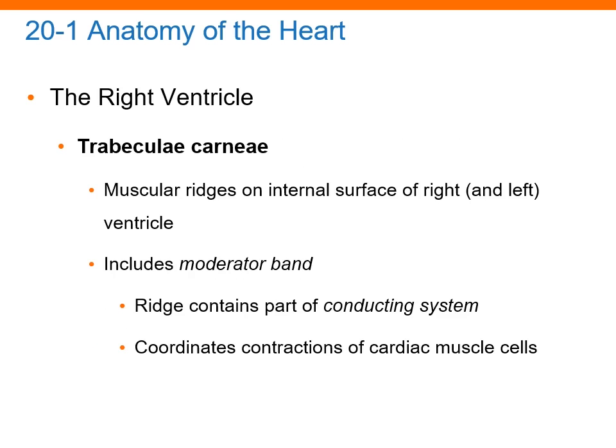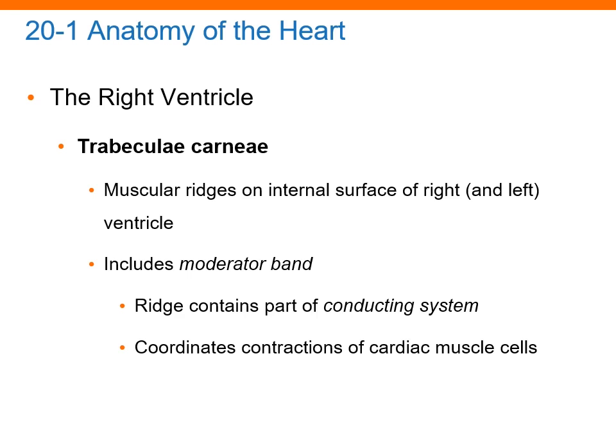The right ventricle has something called trabeculae carneae. I don't know that you'll hear that term a lot outside of this course because it's not something pharmacists need to really be very familiar with, but that is just the muscular ridges on the internal surface of the right and left ventricle.